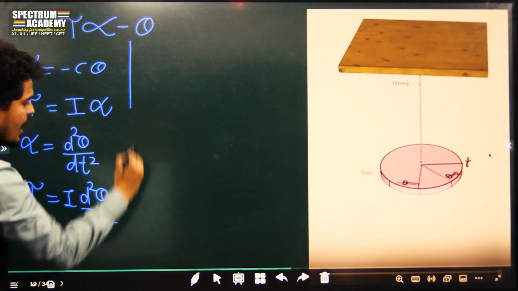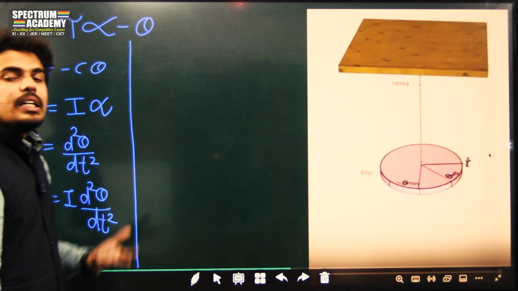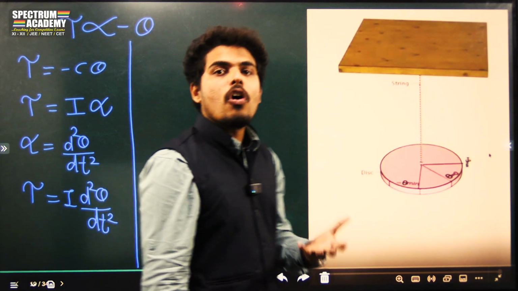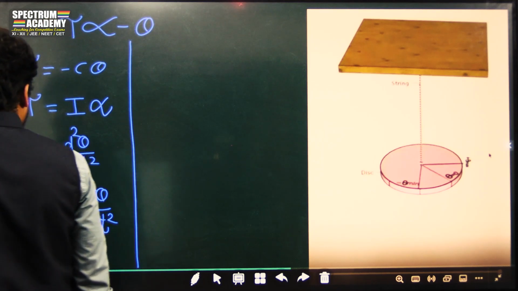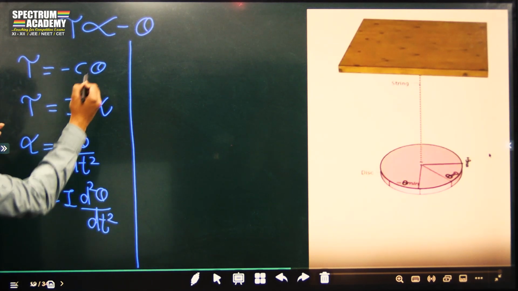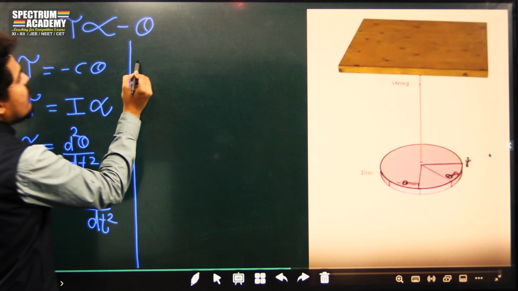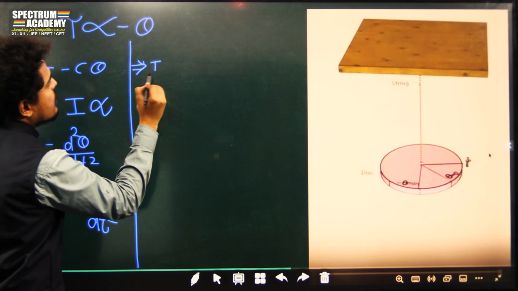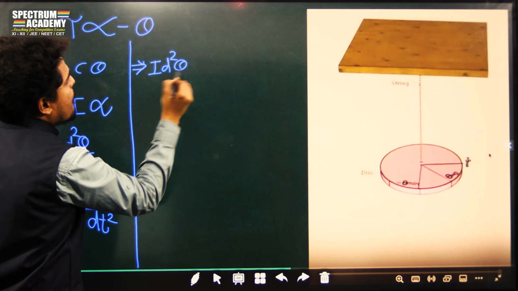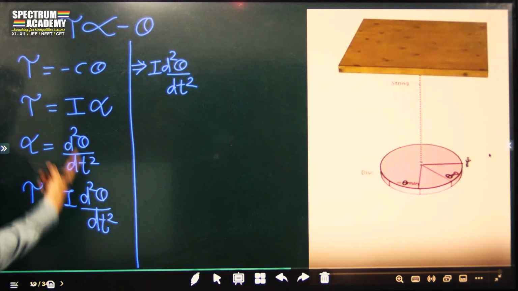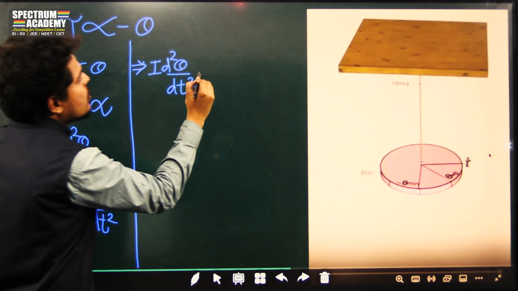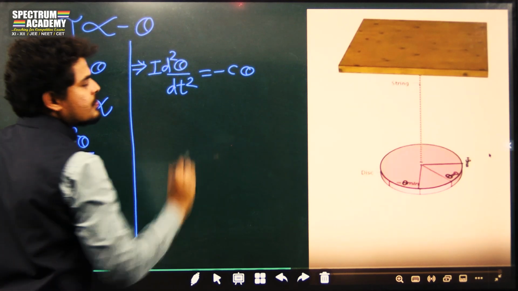So that we can write the general differential equation for the angular SHM in the form. If we replace the torque in this equation, we get I d2 theta upon dt square, that means torque, equals minus c theta.